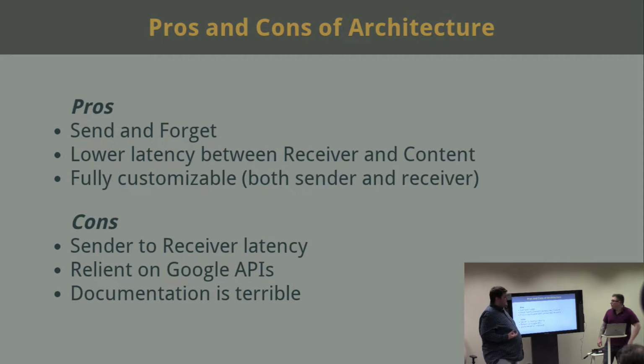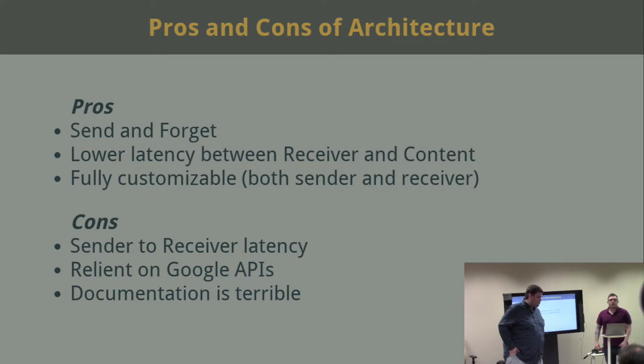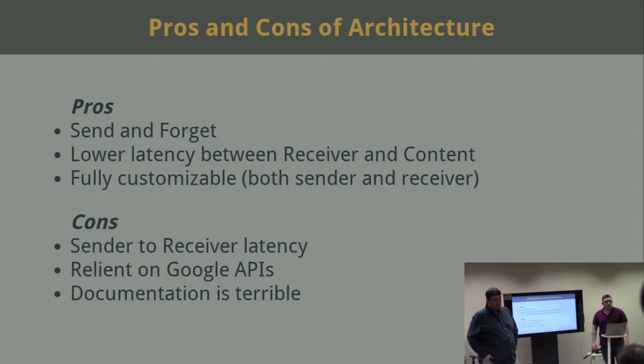There's also lower latency between the receiver and the content, because you're not funneling through either the handheld or the laptop or whatever. You're not having to keep passing it along, so your machine doesn't have to act as a middleman. And then again, because both are just web pages, they're completely customizable.